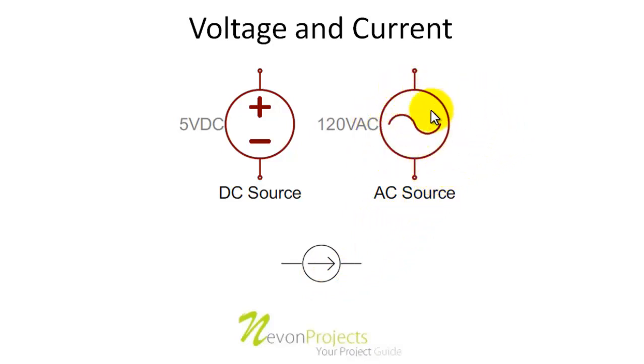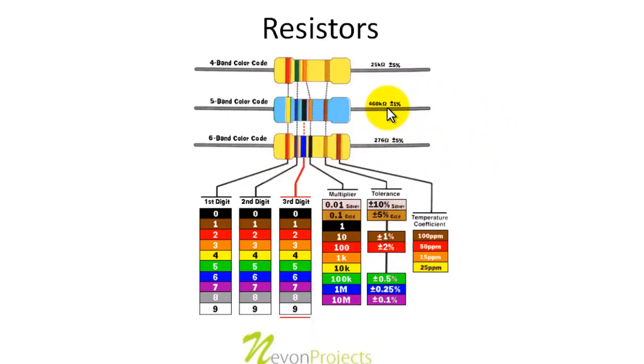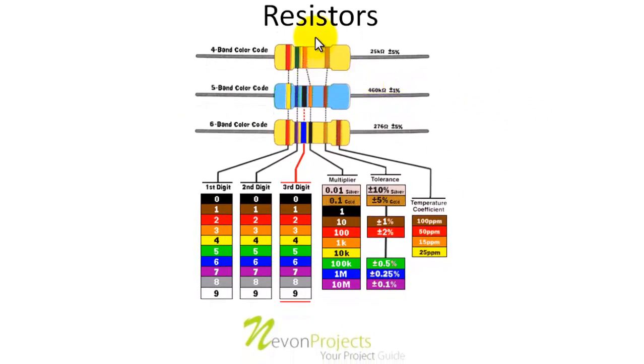Let us move on to the next section, that is resistors. Now resistors come in various values, and these values are standard, varying from, say, basic 10 ohms or 2 ohms, 22 ohms or 220 ohms or 330 ohms, and similarly there are other standard values for which resistors are commercially available.